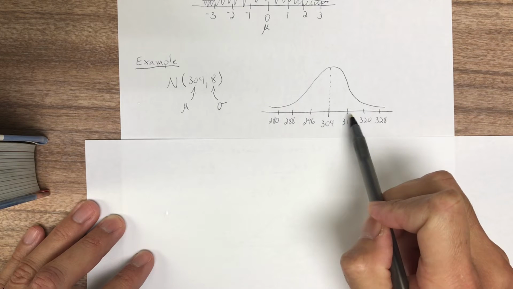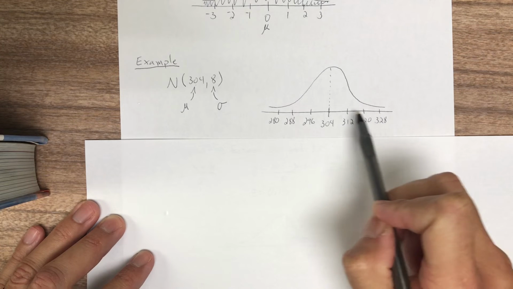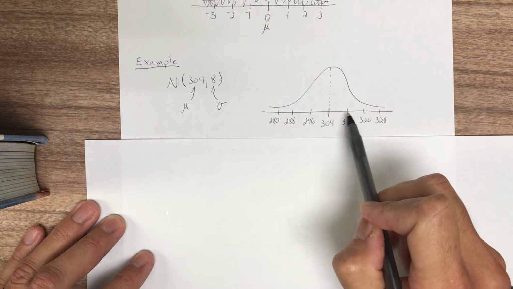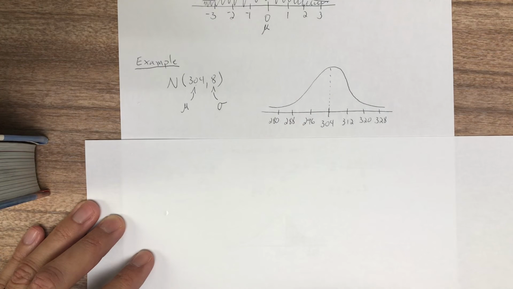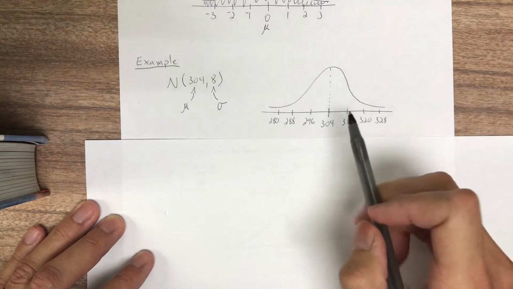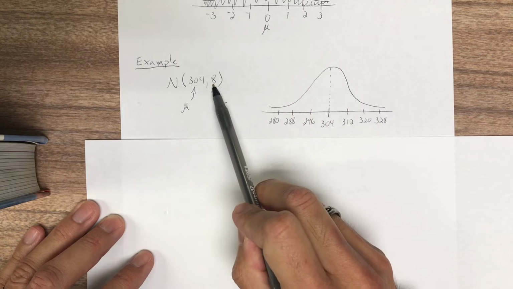On the right side, we know we are going to positive Z-scores. So I am going to add the standard deviation, because the standard deviation is how many units you are away from the mean. So it's related to Z-scores, but when you use standard deviations, you add whatever value this is.